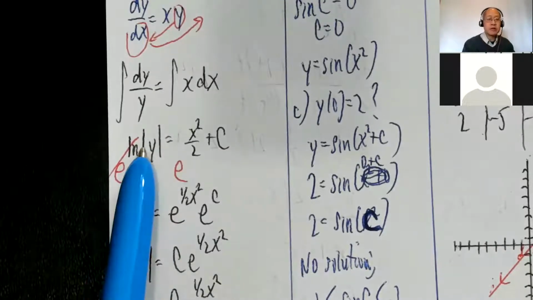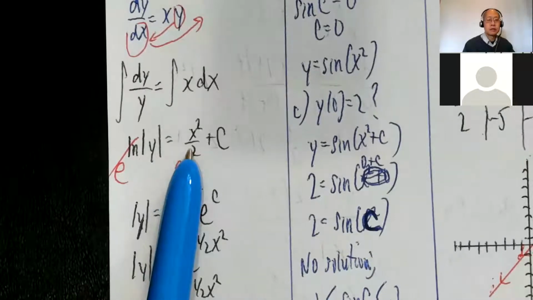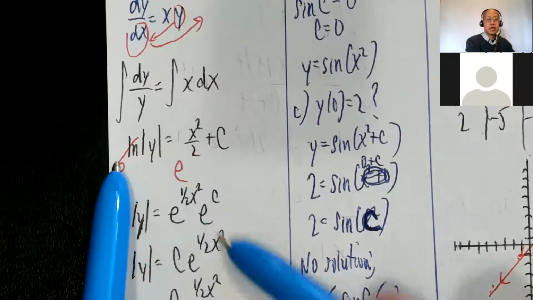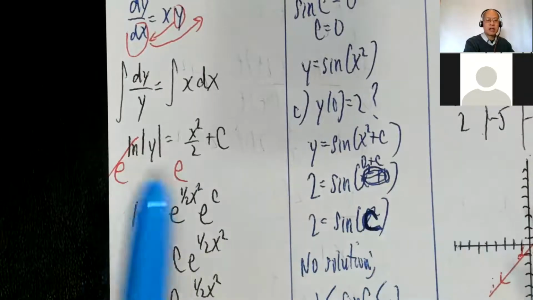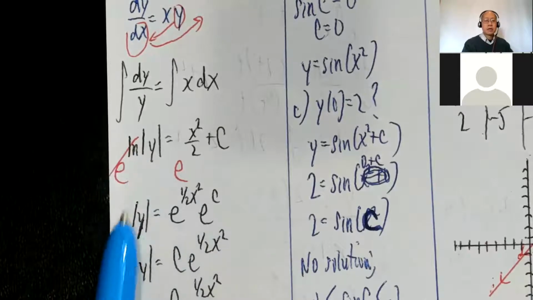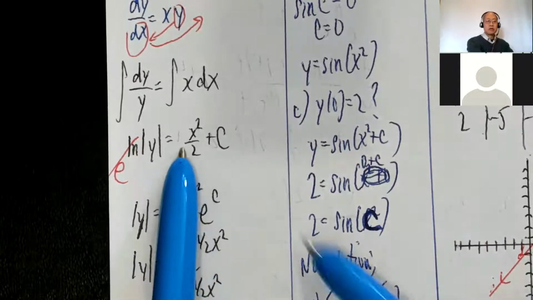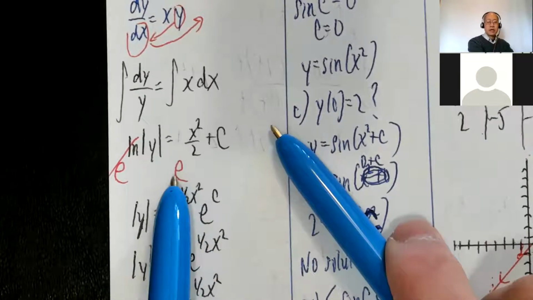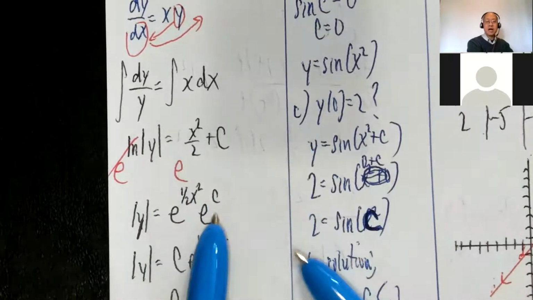So this is ln absolute value of y equals x squared over 2 plus c. Same game, how do I get rid of an ln? Exponentiate, put an e here and an e here. This cancels out. Absolute value of y equals e to the half x squared times e to the c. So you break this into 2: e to the a plus b is e to the a times e to the b.